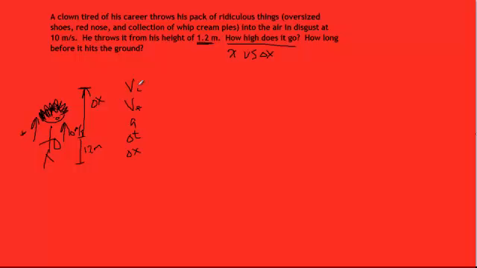Given that the initial speed is 10 meters per second, the acceleration is -9.81 meters per second squared, and of course if it's going to stop at its max height, the final velocity should be 0. We can use this information to fairly easily find out what displacement is, but that is not the total height, because of course we'll just have to add this 1.2 at the very end.